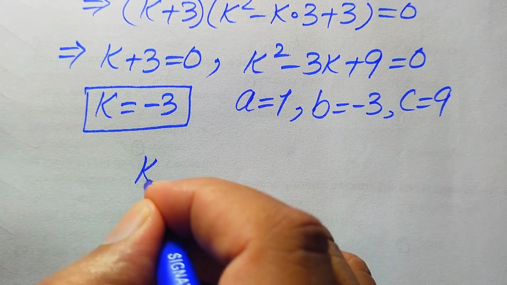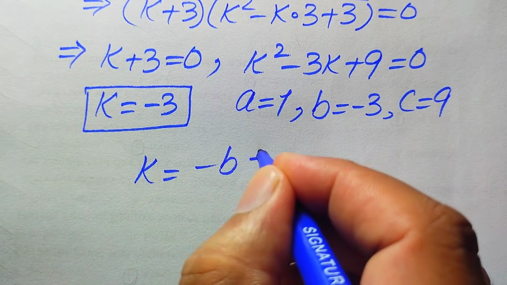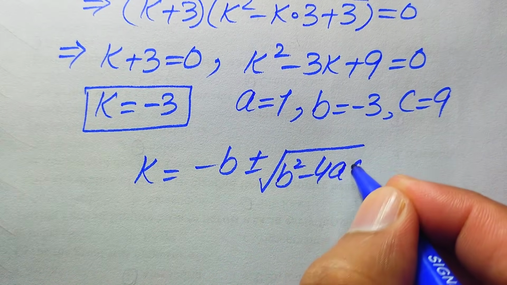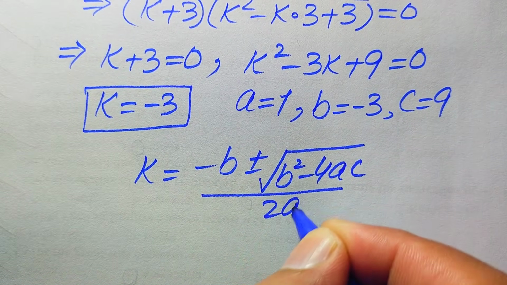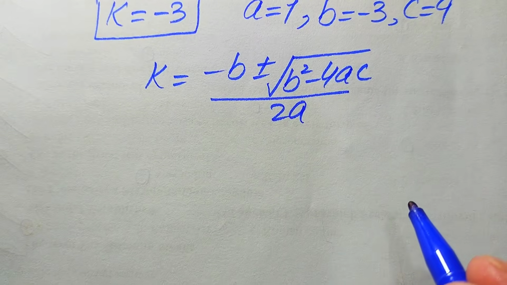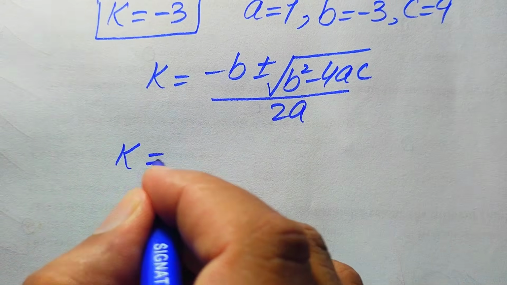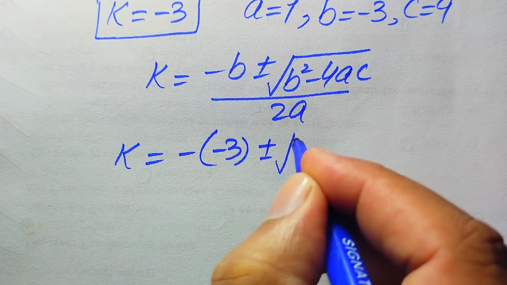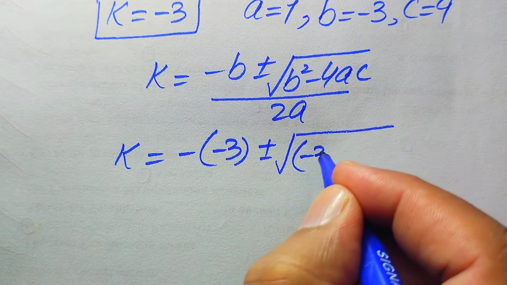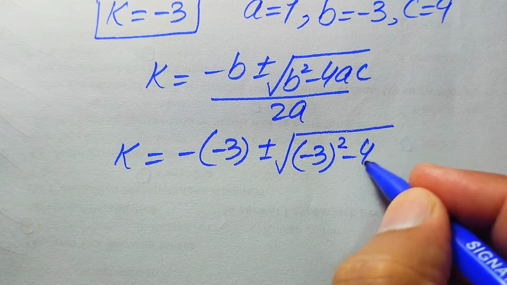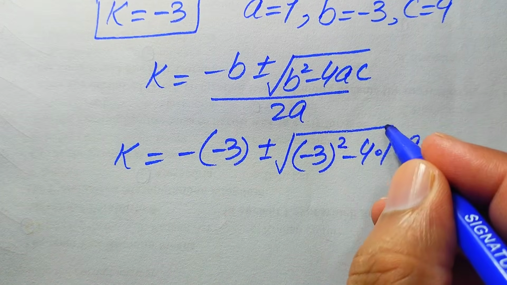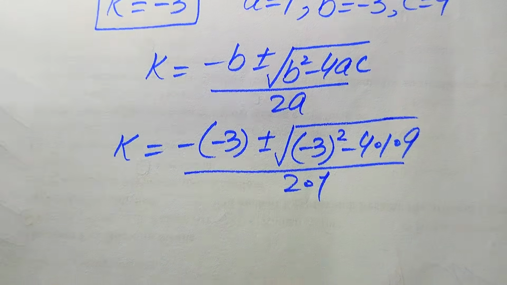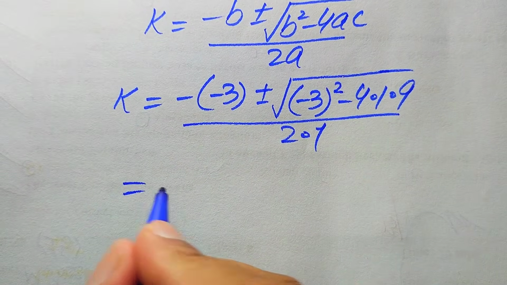And we state the quadratic formula as k equals minus b plus minus square root of b square minus 4ac, divided by 2a. So k equals minus b, the value of b is minus 3, plus minus square root of b square, it is minus 3 square, minus 4 times a which is 1, and c is 9, and it is divided by 2 times a, and here our a equals 1.